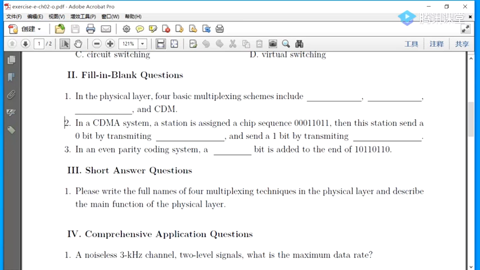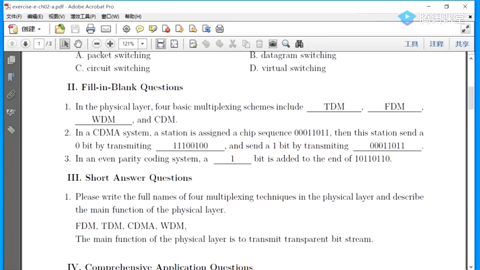So if the chip sequence for this station is this one, then it sends a 0 bit by transmitting 11111001000, and sends a 1 bit by transmitting the chip sequence itself, 000111011.